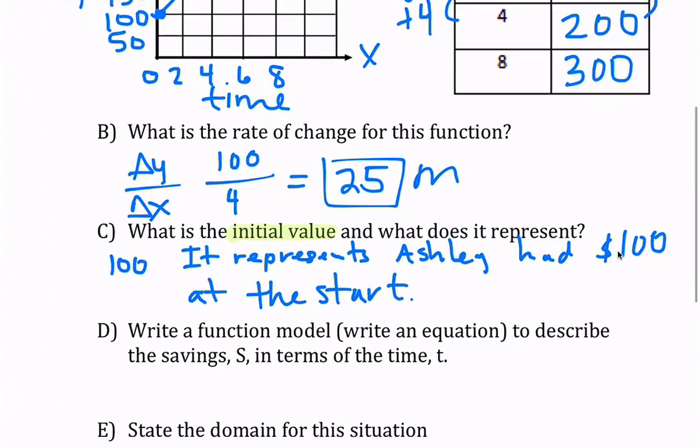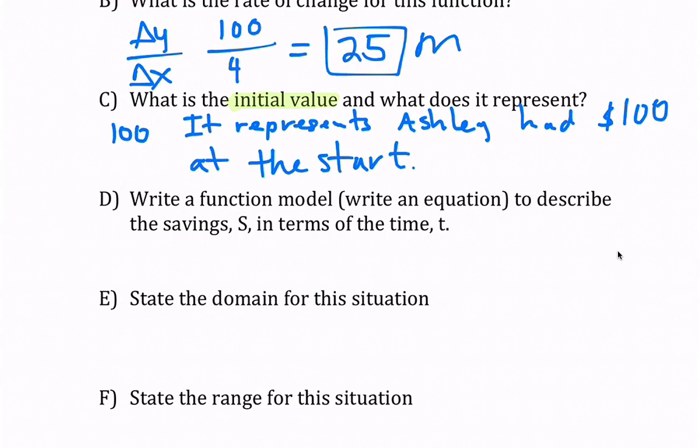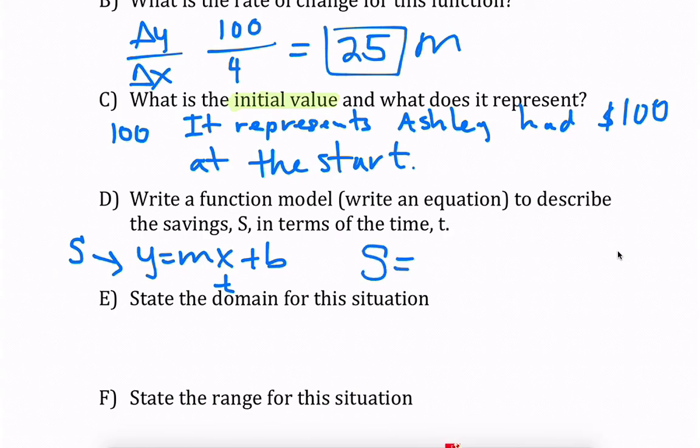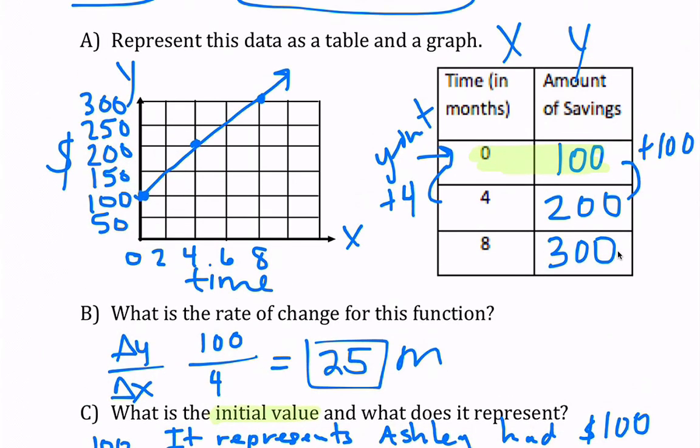Okay, now it wants me to write the equation. So remember, y equals mx plus b. It's telling me to let savings be s, which was my y, and we want x to be t. So s equals, because notice up here, that's why s and t. X is time, savings is y.